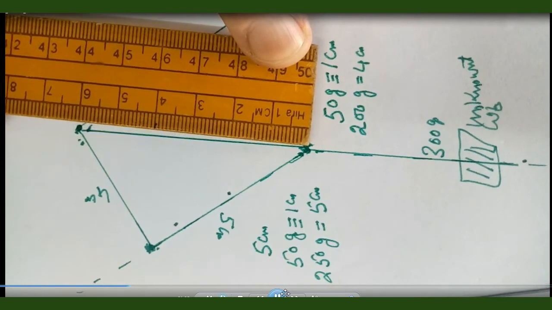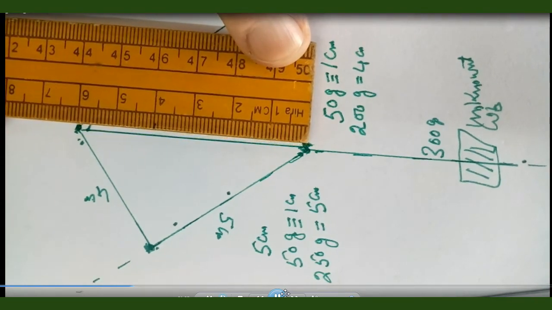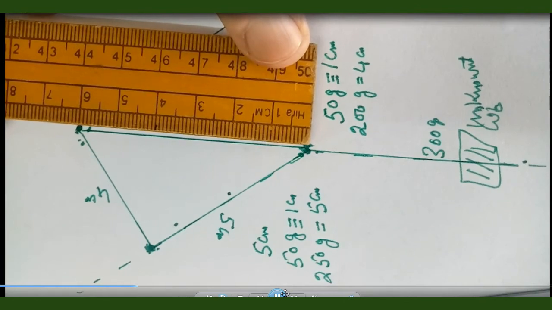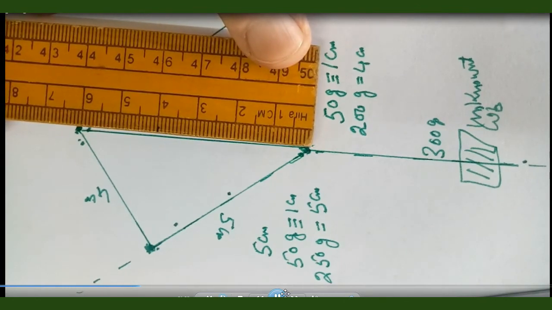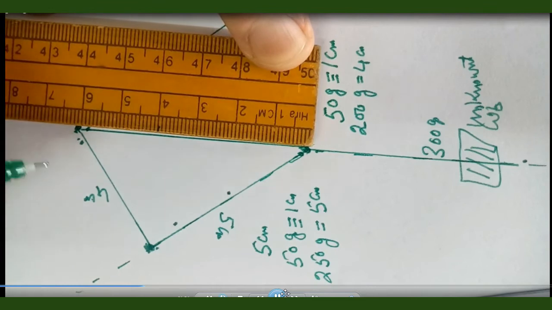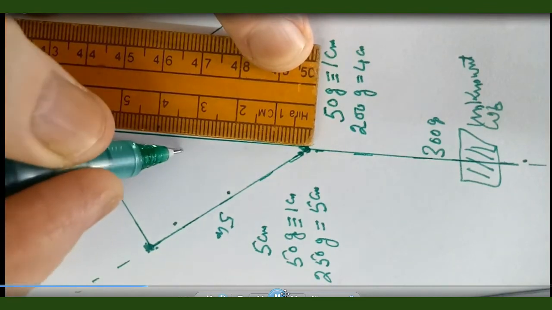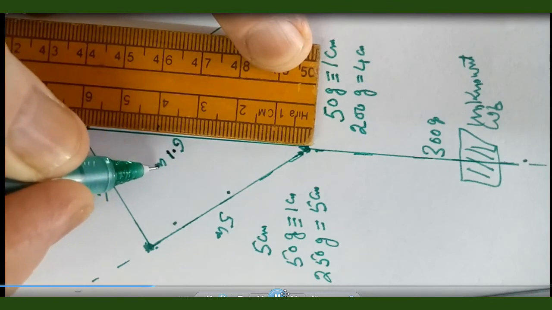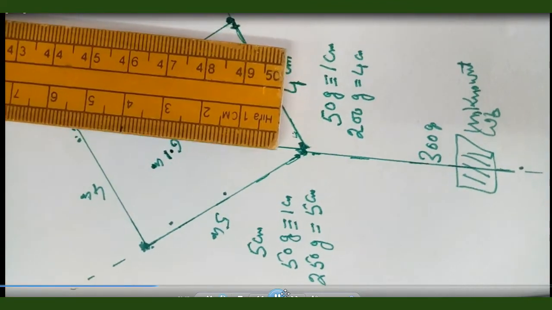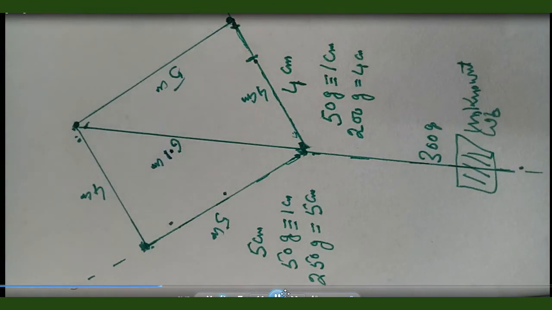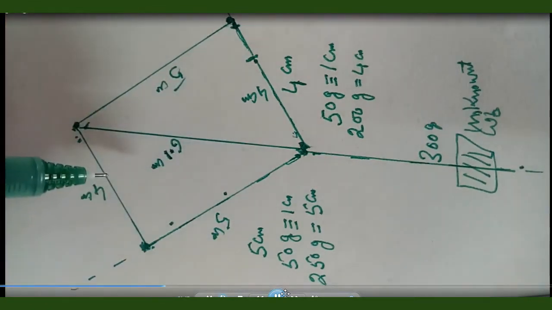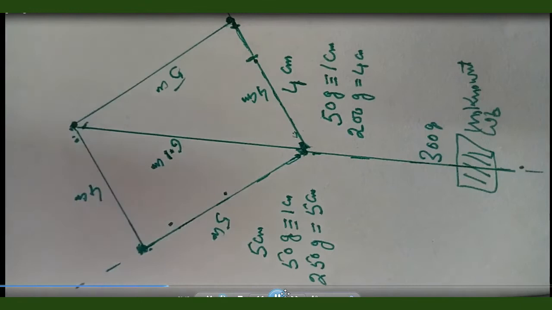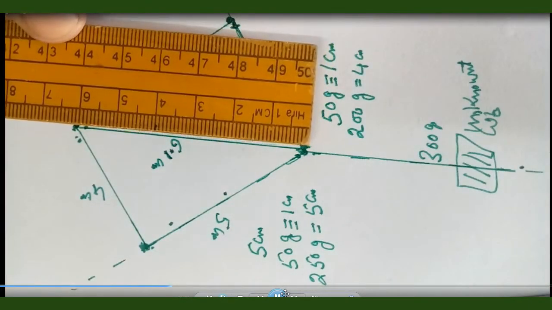It seems that it is 6 centimeter long, but this is not correct, because recording by camera introduces some parallax. It is somewhat higher than 6. It seems like 6, but it's not actually 6.